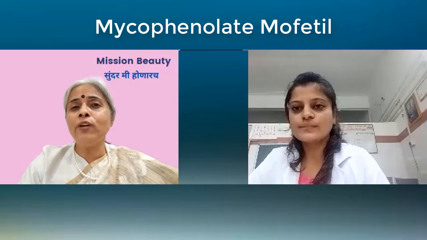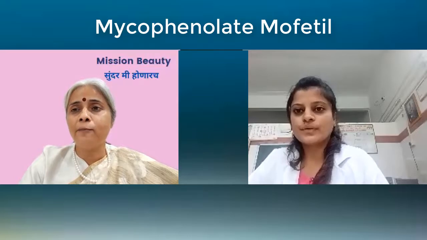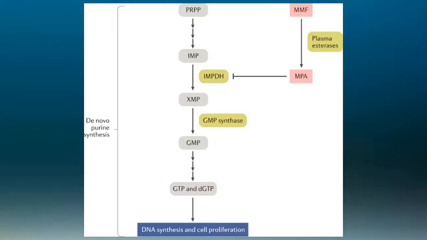Now, basically, I would like to know from you, what is the mechanism of action of mycophenolate mofetil, Dr. Aishwarya? Okay, so basically, as I have said, mycophenolic acid inhibits non-competitively the inosine monophosphate dehydrogenase enzyme in the synthesis of purines.